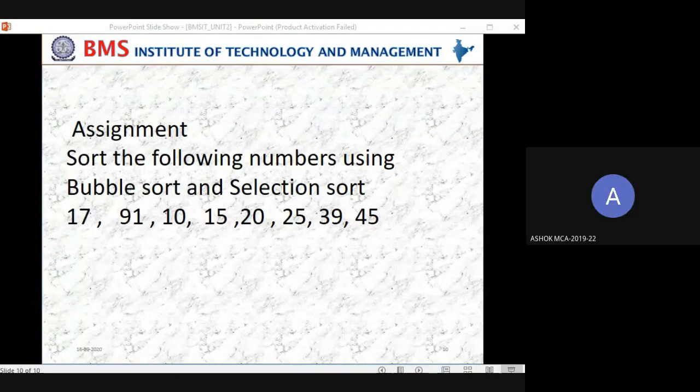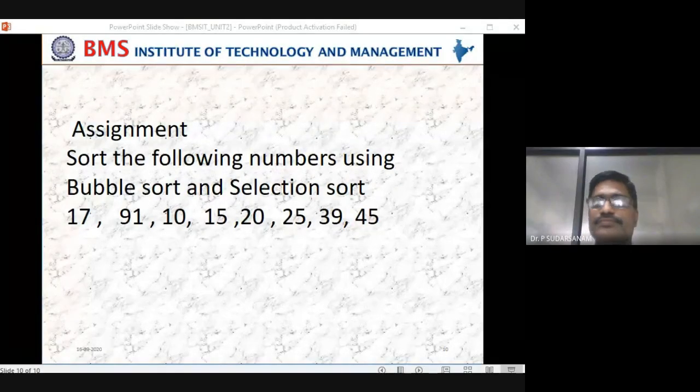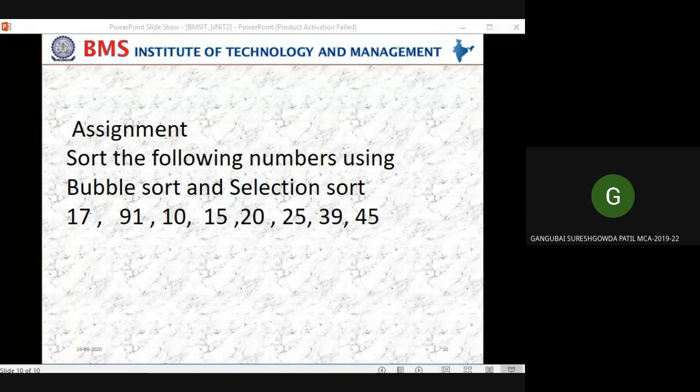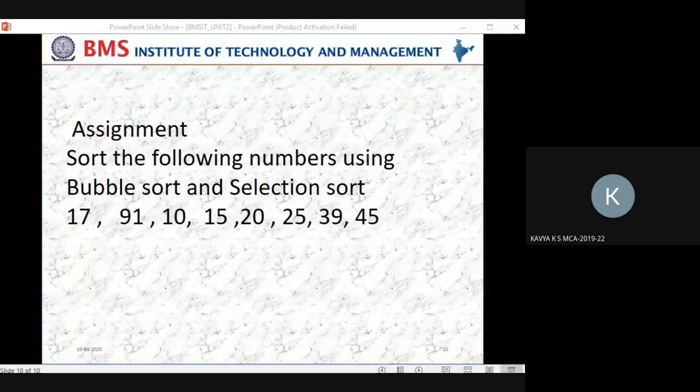Right. 9, present. 10, present, sir. 11, present, sir. 12, present, sir. 13, present, sir. 14, present, sir. 16, present, sir. 17, present, sir. 18, present, sir. 19, present, sir. 20, present, sir. 23, present, sir. 24. 25, present, sir.